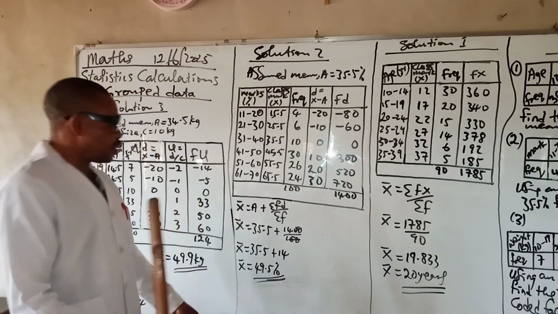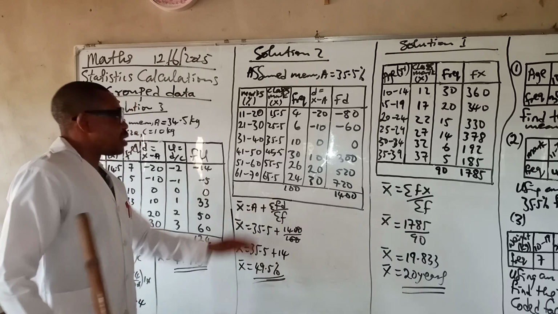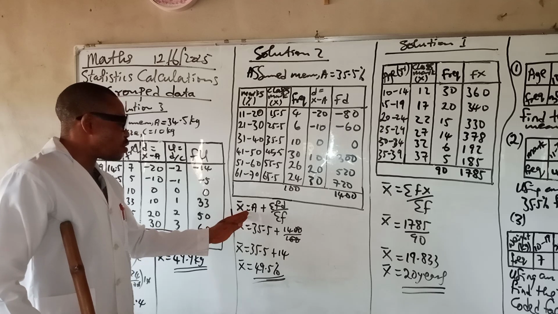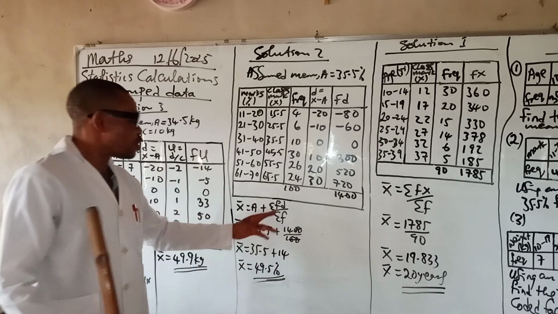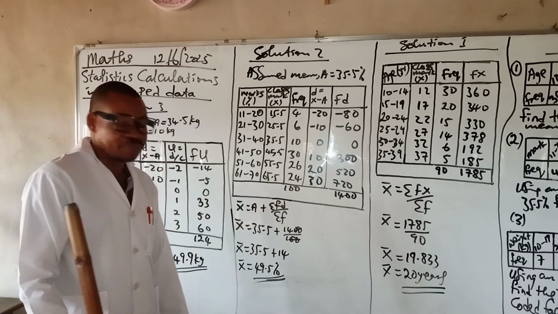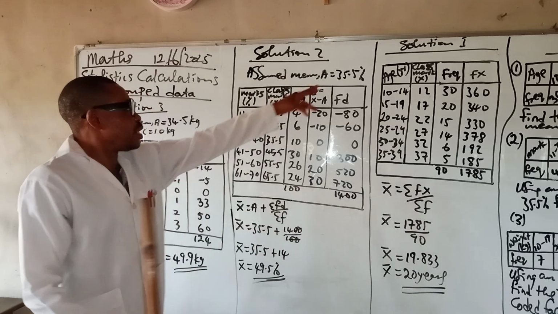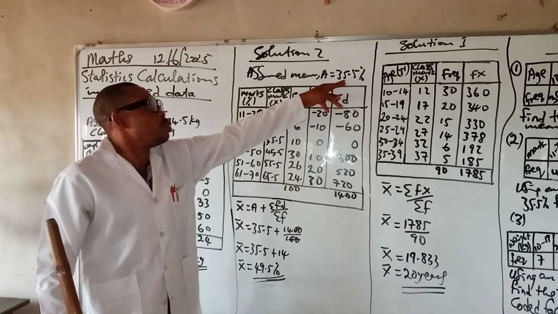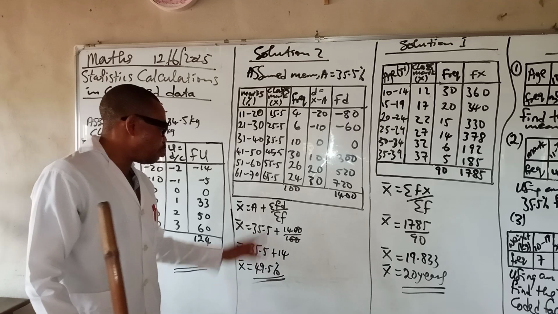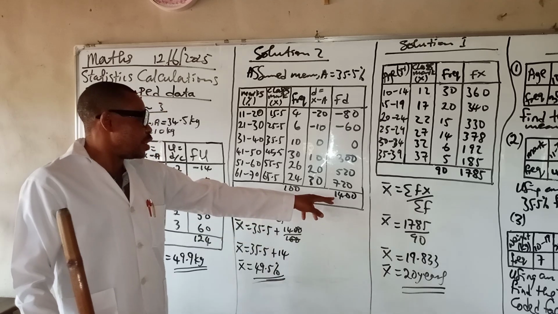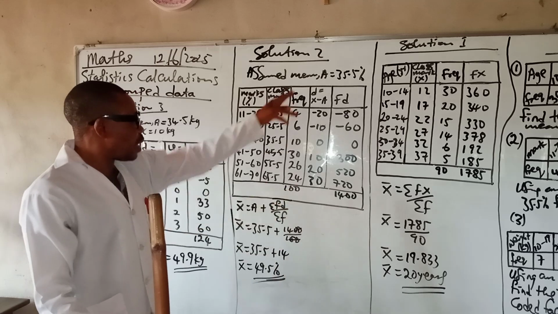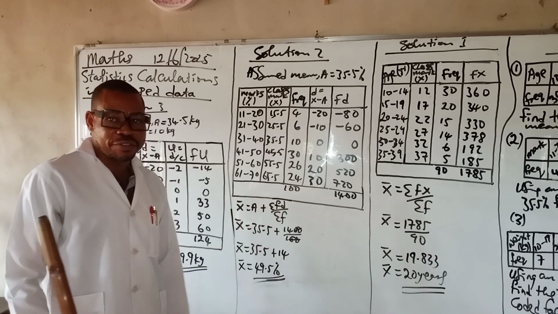Now, in calculation, the formula for calculating the arithmetic mean of this kind is given to us as x bar equals a plus summation fd all over summation f. We now bring the value of the assumed mean, which is 35.5, to replace a, plus the total of fd to replace summation fd, and the total of f to replace summation f.